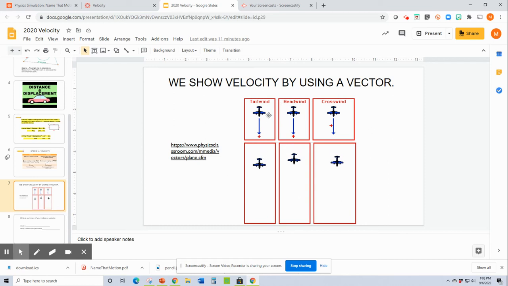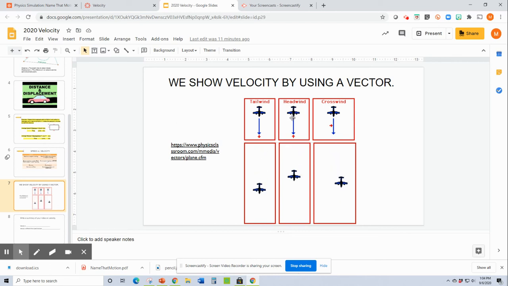If you're in a plane and this blue represents the velocity, traveling this direction, if you have a little tailwind, and that's a wind that is pushing from behind, kind of helping the plane go faster, look what happens. If I let the red represent the velocity of that little tailwind, I know it's technically behind there, but we put it up here. Look at this plane, it gets there a little bit faster.